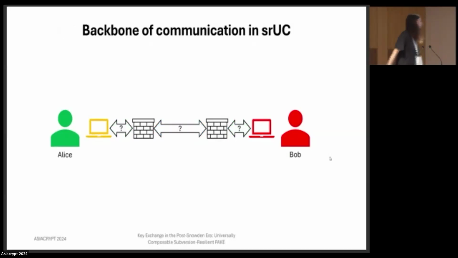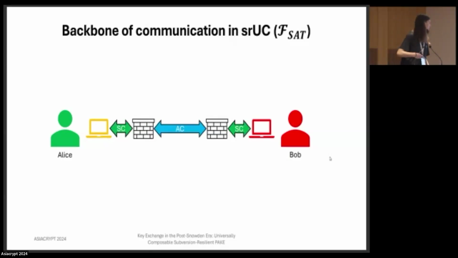Okay, good. So, in the context of this adversary-resilient UC framework, of course, now we need to clarify what these channels are among these new entities that we've introduced. The idea is that there will be secure channels between a core and its firewall, and authenticated channels among firewalls.